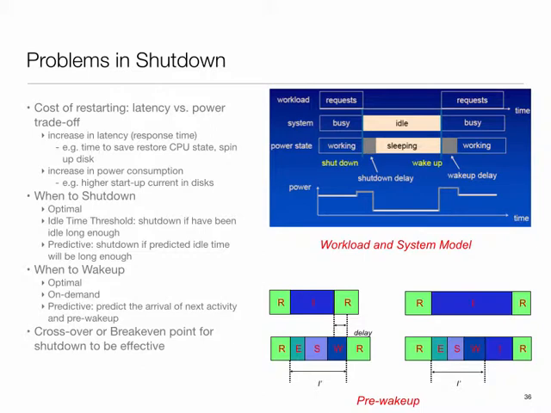As soon as we go into that idle loop, we call a predictor and ask, how long are we going to remain idle? That prediction might be based upon all sorts of factors, like prior history. And if the prediction says long enough, then we decide to shut down.